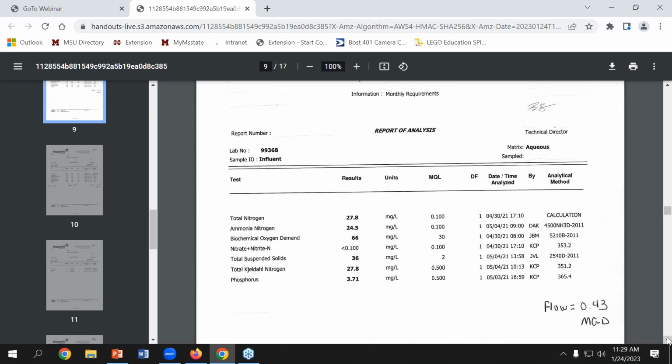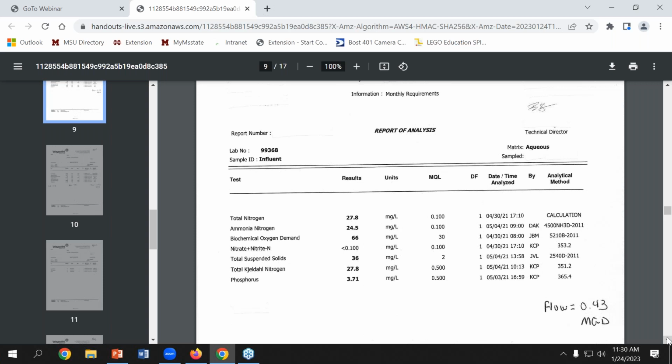Now, some of your facilities may sample monthly and report monthly. Some of your facilities may sample yearly and report yearly. By and large, most of the facilities in Mississippi will sample quarterly and report yearly. But the particulars of that will be laid out in your permit.